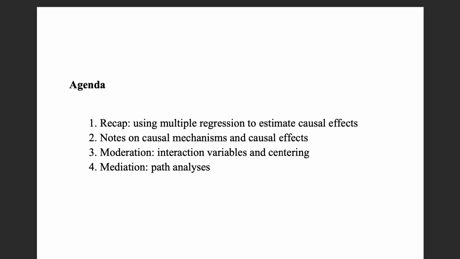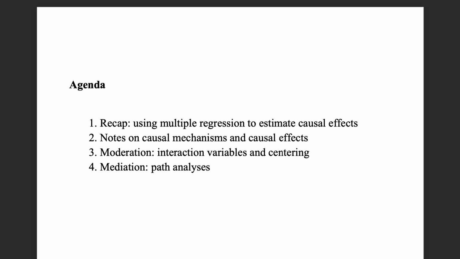Once we have discussed this recap, I'll do something that's maybe a bit unusual. I'll have a bit of a more theoretical reflection on what it means to theoretically think about causality. Specifically, I want to briefly discuss with you the concept of causal mechanisms, which is really a theoretical concept, but it's important because ultimately we want to use methods to test theories.